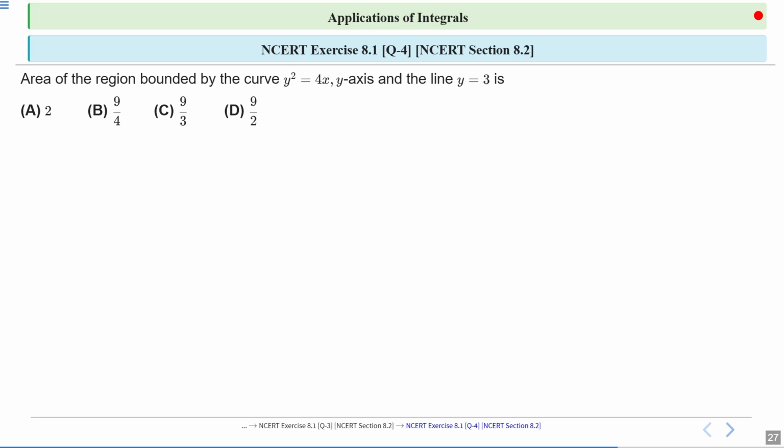There are 4 types of parabola, which are opening right, opening left, opening up, and opening down. The first type is y square is equal to 4ax, which is opening right. And y square is equal to minus 4ax, which is opening left. Opening up is x square is equal to 4ay, and opening down is x square is equal to minus 4ay.